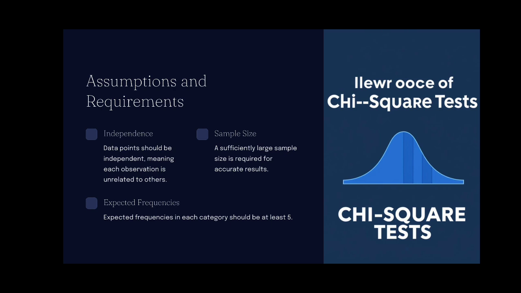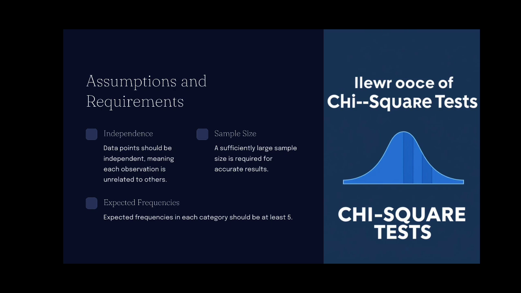Let's see what the characteristics of chi-square test are. It is a non-parametric test. Why is it a non-parametric test? Because assumptions about the form of the distribution or its parameters are not required. Then it is a distribution-free test.